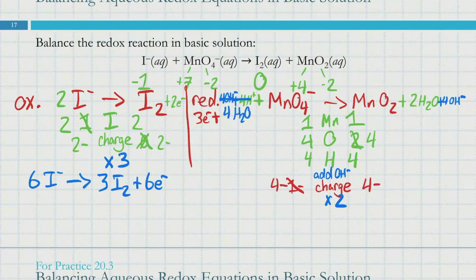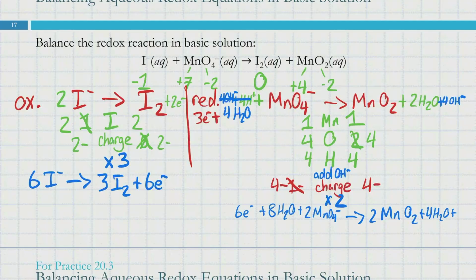And then on the right side, we've got 6 electrons plus 8 waters plus 2 permanganates goes to 2 manganese dioxides plus 4 waters plus 8 hydroxides.